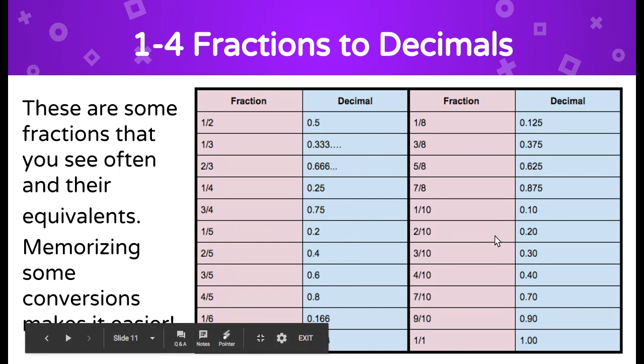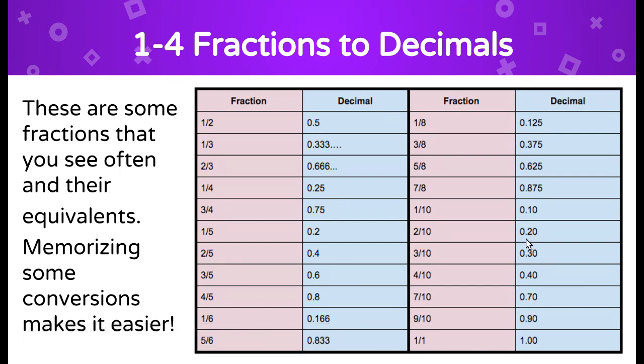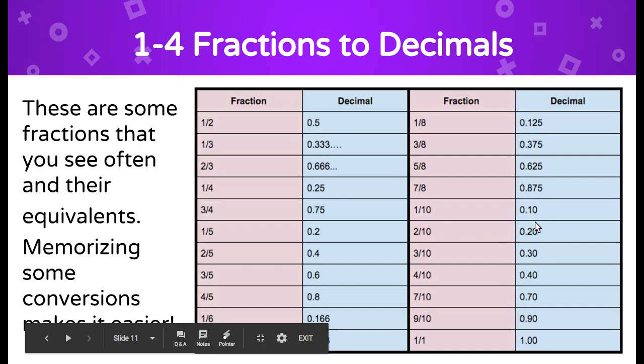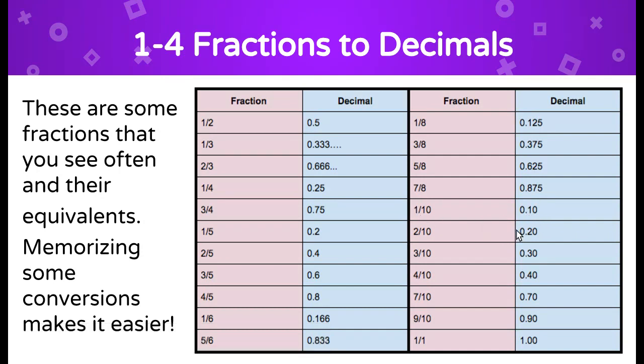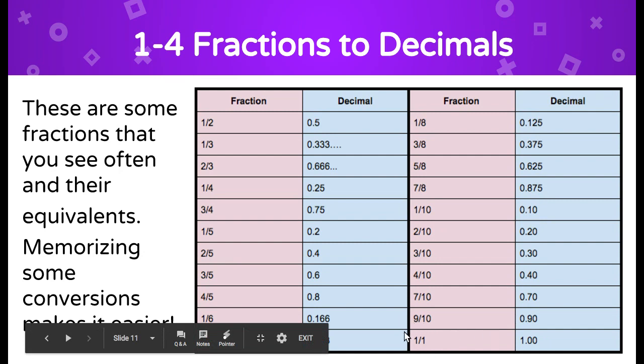Like 1/10 is 0.10, 2/10 is 0.2. So notice how these ones, all that are being divided by 10, are pretty much the same thing as a number, but with a decimal on the left. And of course, everyone knows that 1 divided by 1 is 1, right? So this is a nice little chart that you can also put in your notes so that when you take a quiz or you're doing homework, you can easily look it up and you can have the answer right there without having to necessarily do a lot of work.